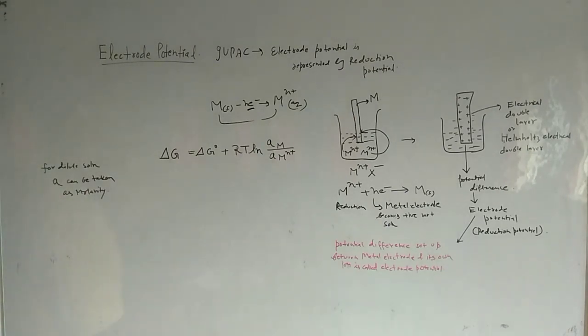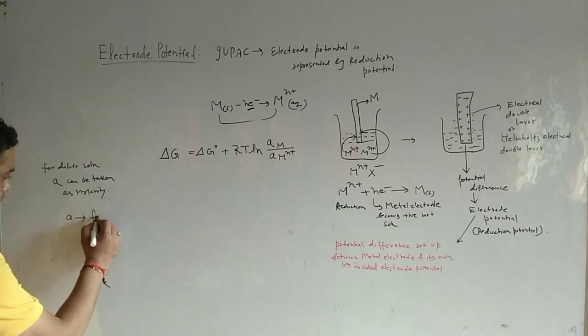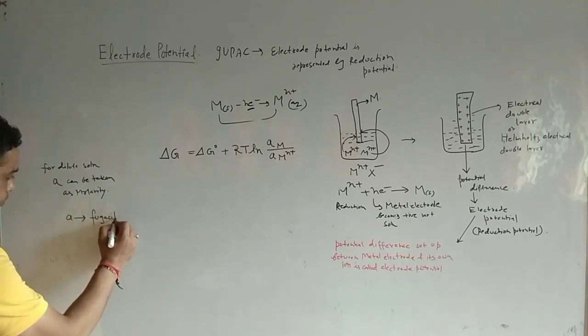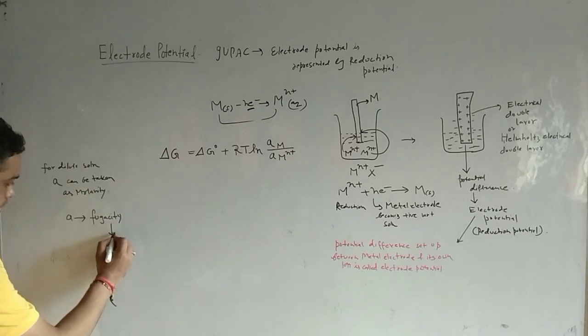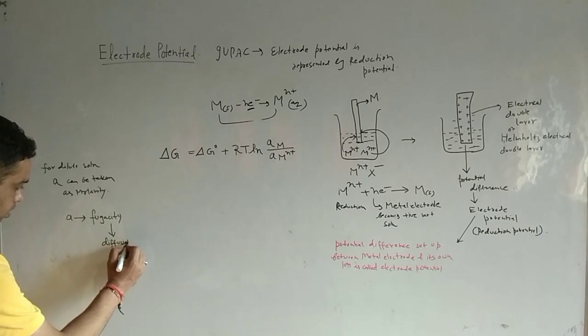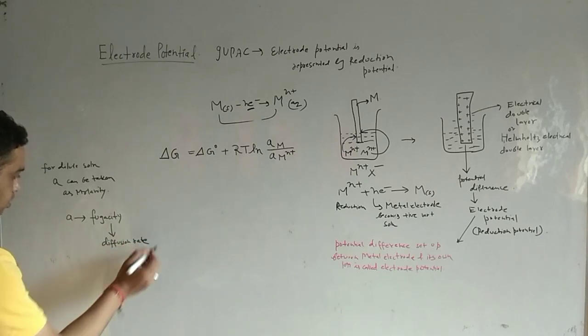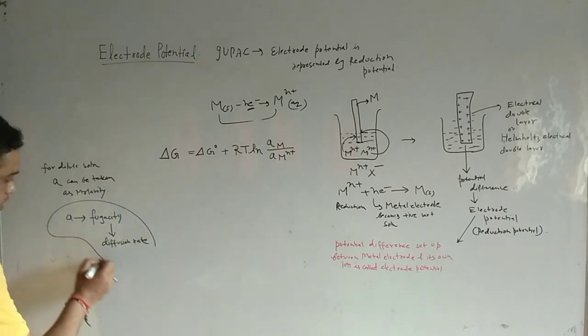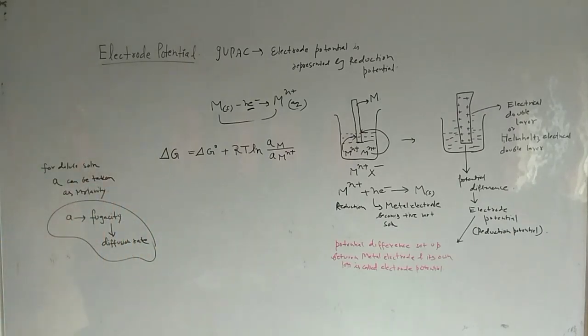But for dilute solutions, activity and molar concentration are the same. Otherwise, activity actually depends on fugacity, and fugacity in turn depends on diffusion rate. This is just for your knowledge. When I go to the advanced topics of electrochemistry, I will explain all these things. But right now you can adjust for this particular one.